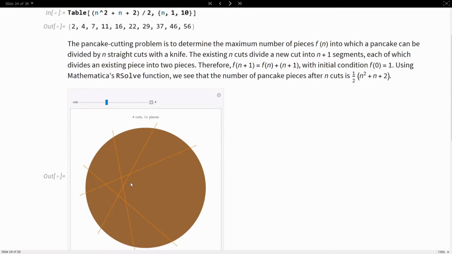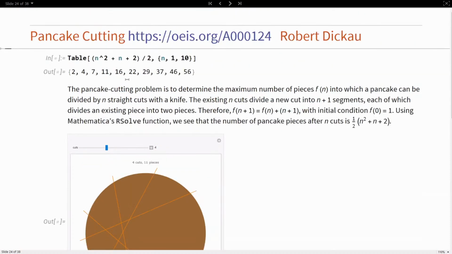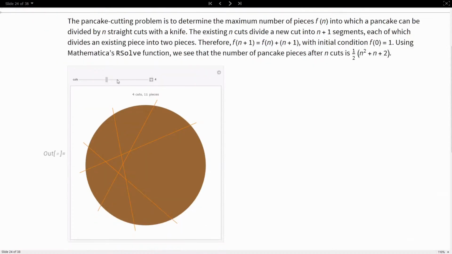And for 4 cuts, the maximal number of pieces you can get is 11. So that is this sequence here, the pancake cutting sequence. And you basically want every single cut to intersect every other cut. And that's how you make sure you maximize.